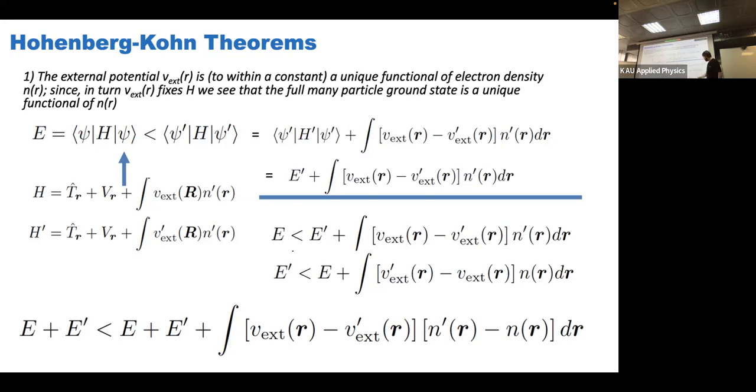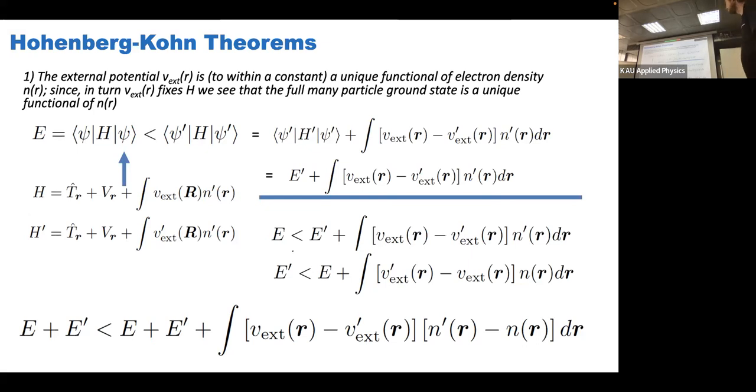That's why we should make this 0, and we can achieve it only one way, when the electron density of our first system is the same as the electron density of the second system. That's why this rule holds: each external potential corresponds to only one electron density.